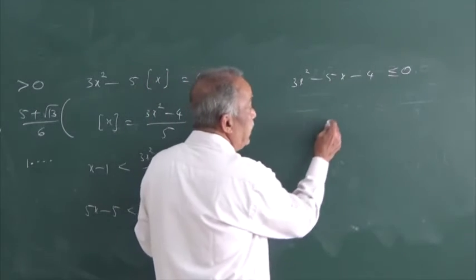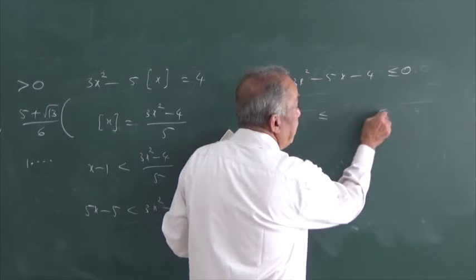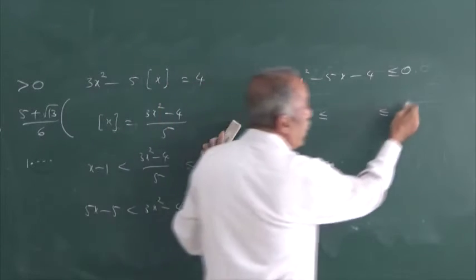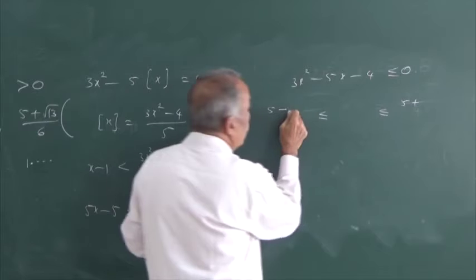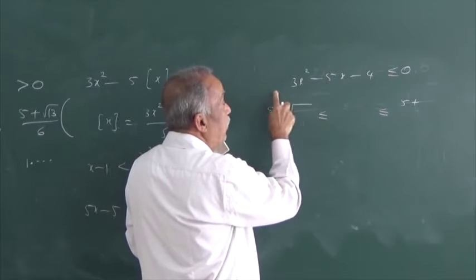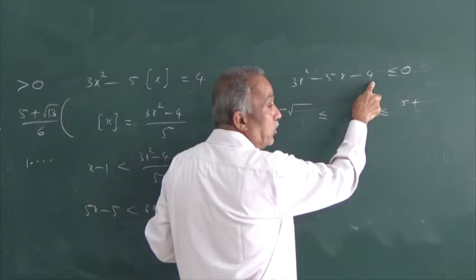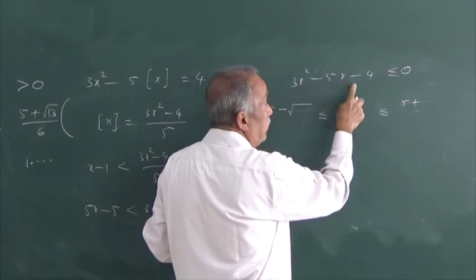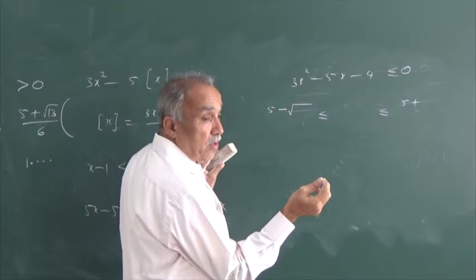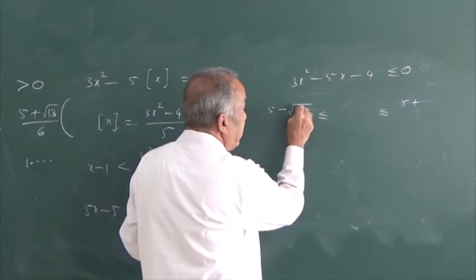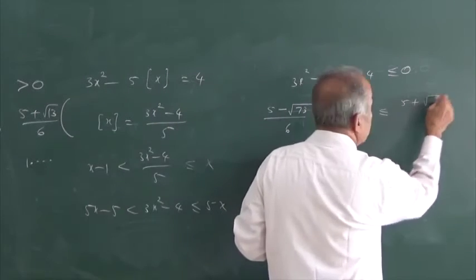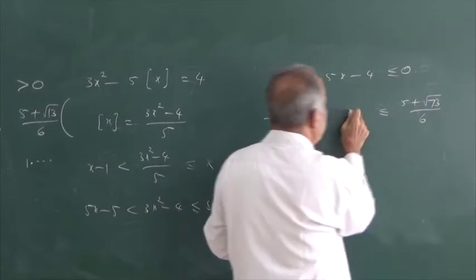My claim will be x must be a number between the roots, (−b ± √(b² − 4ac))/2a. That is 25 − 4·3·(−4) = 25 + 48 = 73. So the roots are (5 − √73)/6 and (5 + √73)/6.